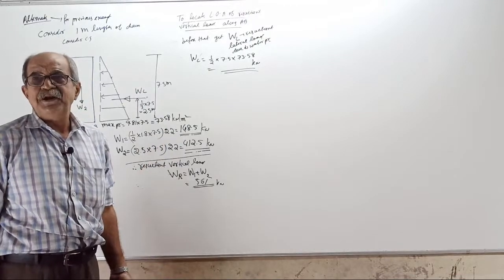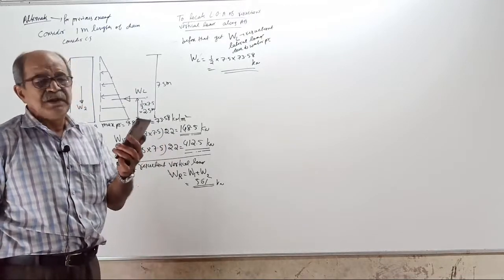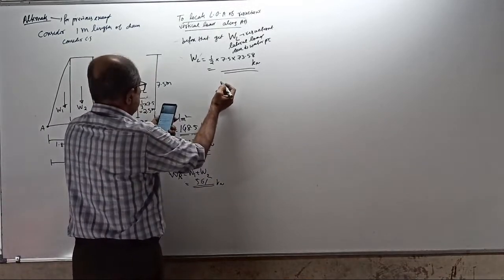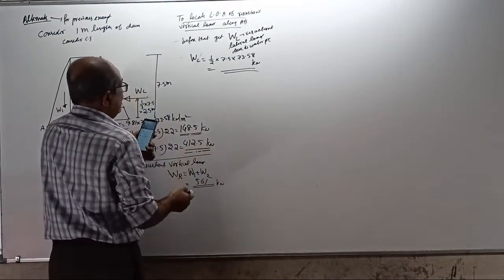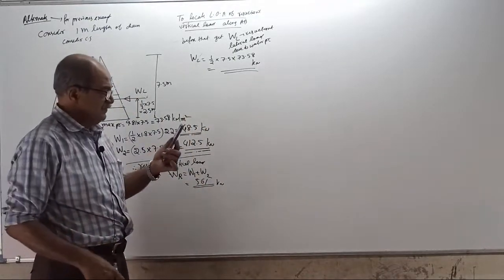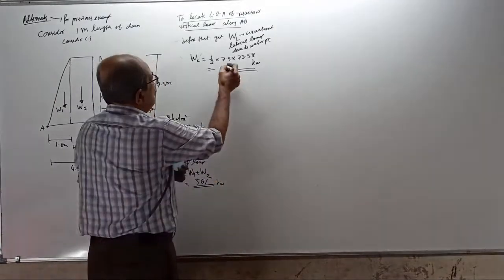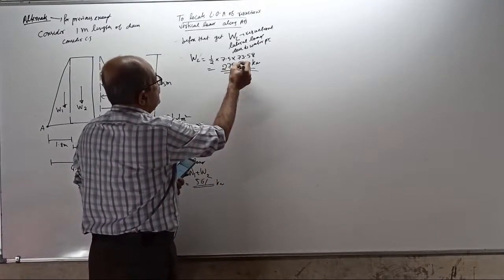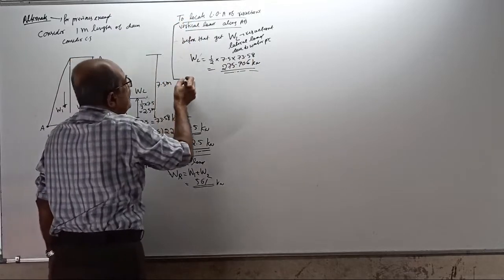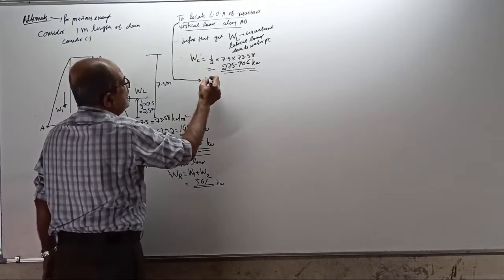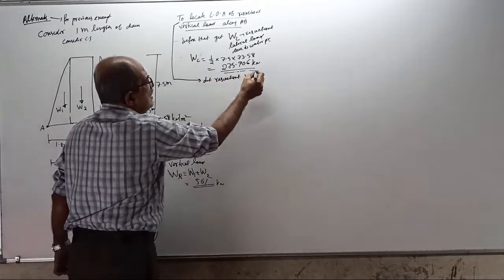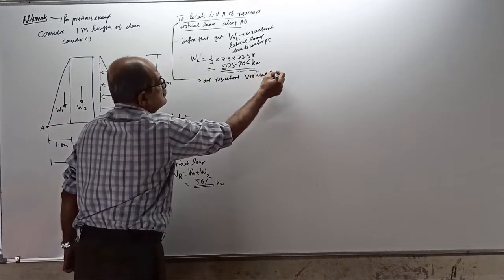People who know a little more will directly use the moment term. WL, this also we have done yesterday: 275.906 kilonewton.